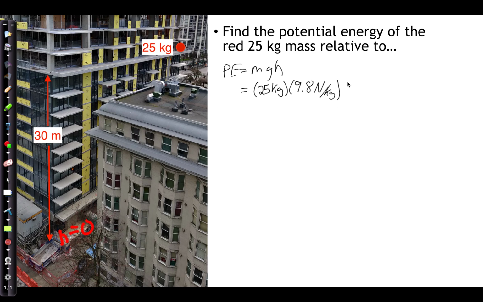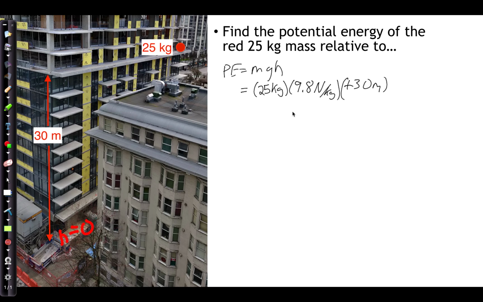And the height. Well, if we imagine that this is a big giant y-axis where up is positive, and the 0 mark on that axis is down here, that means that this object is at the 30-meter mark. So the height in this is 30 meters.